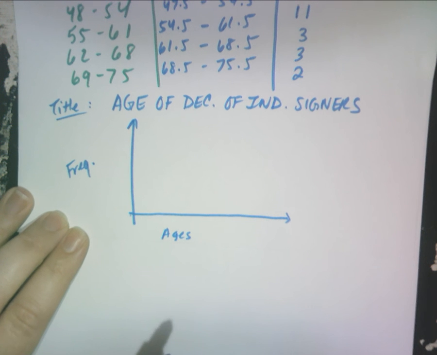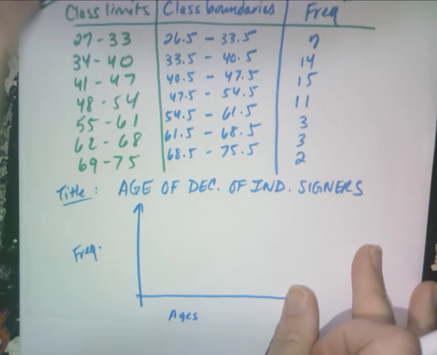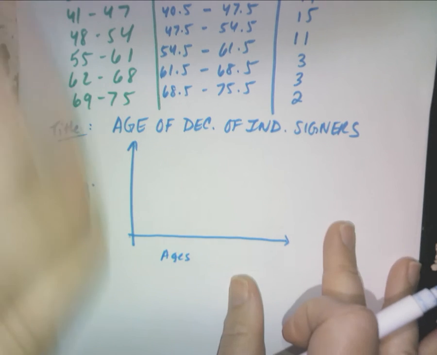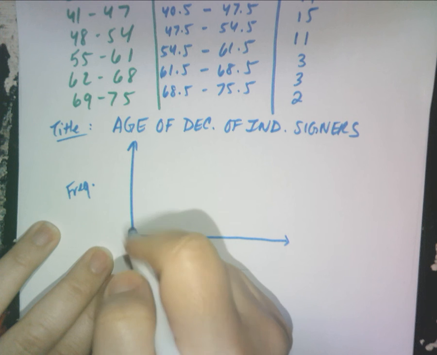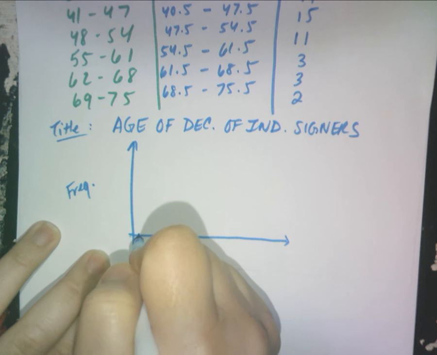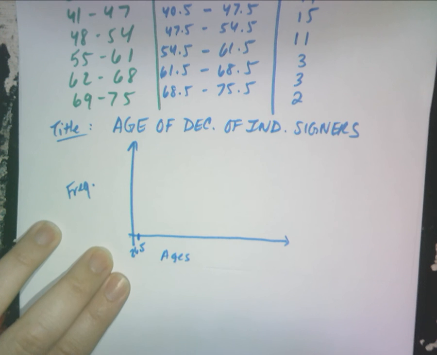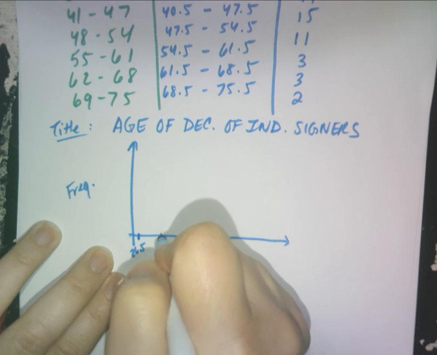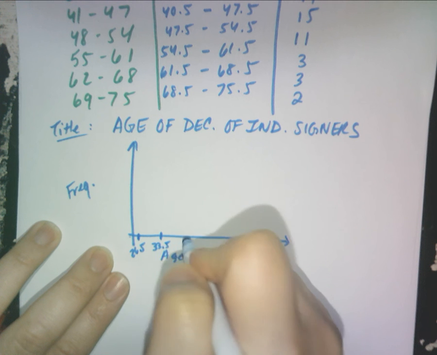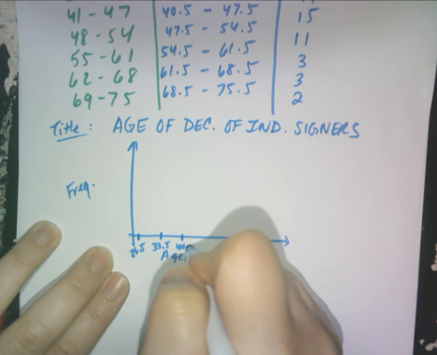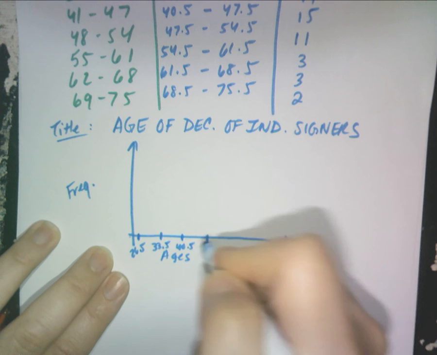Okay. So my lowest boundary is 26.5. So you could write that all the way up to the edge here. I've seen books where they go like that. I've seen books where they put it right there at 0, 0. It doesn't matter. And then you go up to 33.5. And then you go up to 40.5. And then you go up to 47.5.